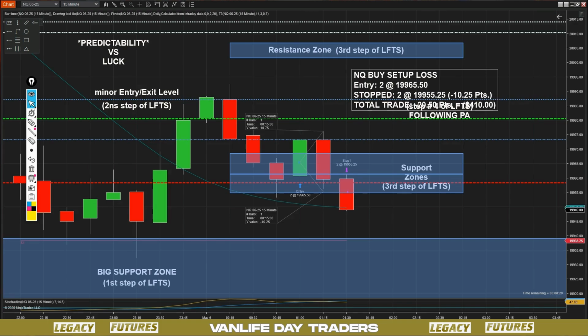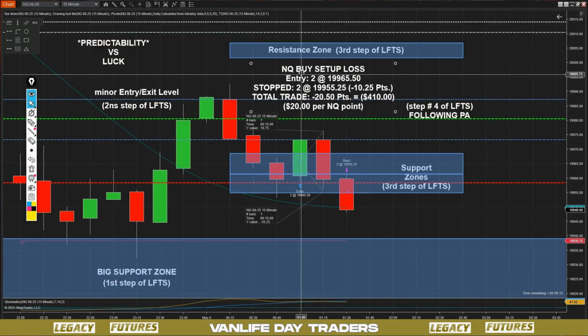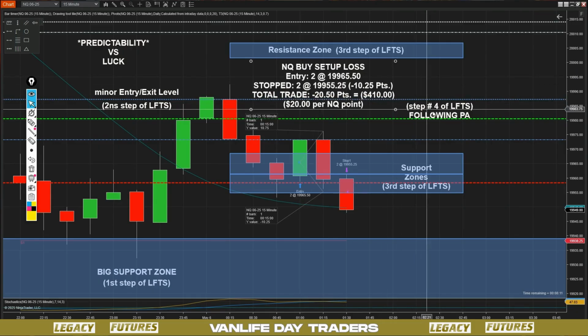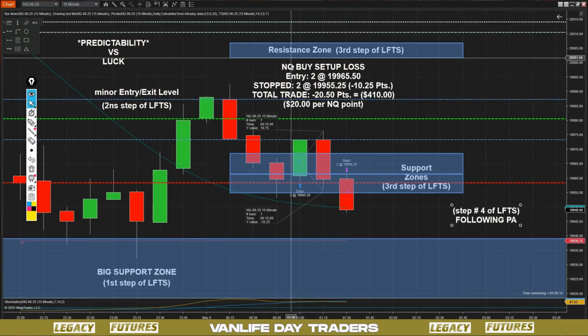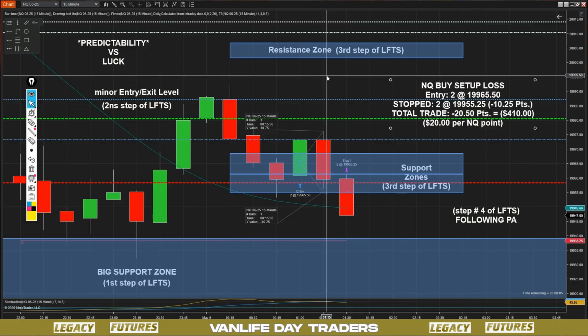Pop. Why? Because my market gives or takes 20 bucks per Nasdaq point. Pop. Well, what can I say? Perfect setup, perfect alignment, perfect everything.